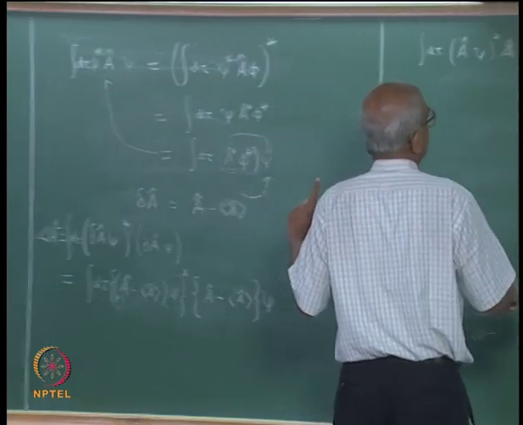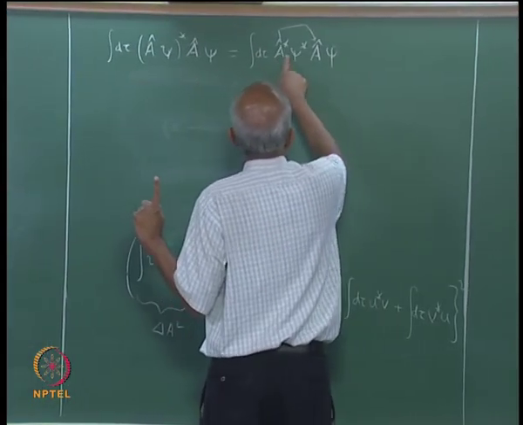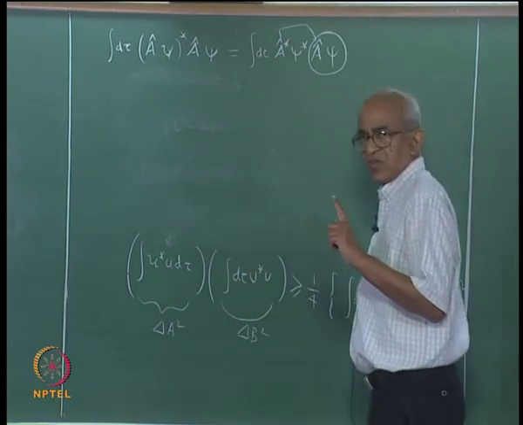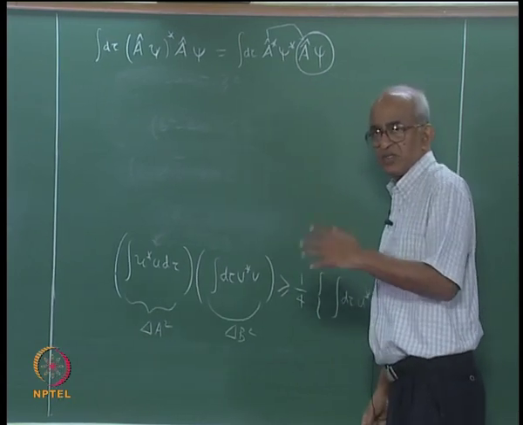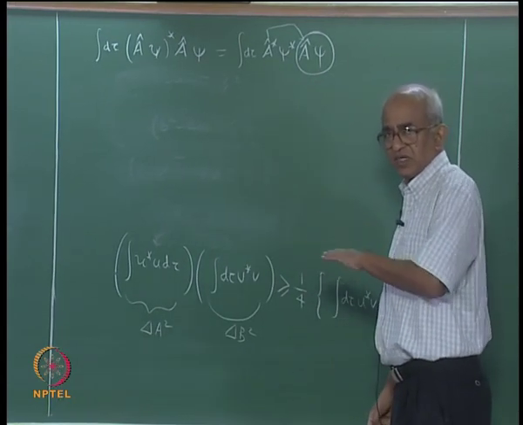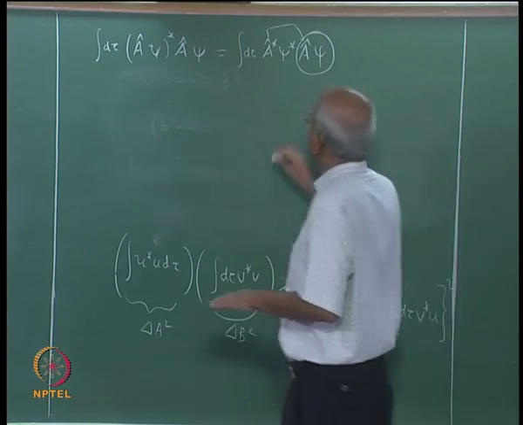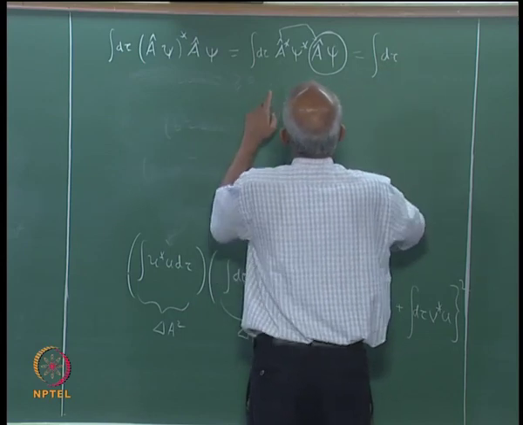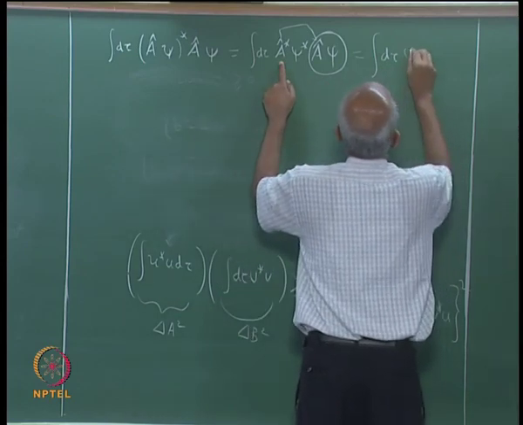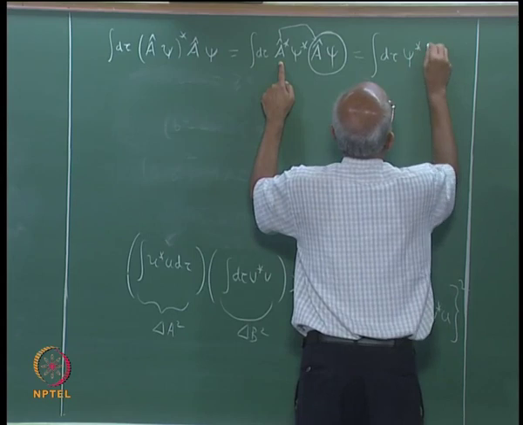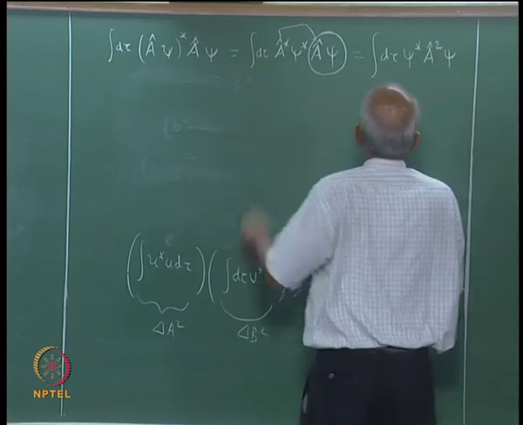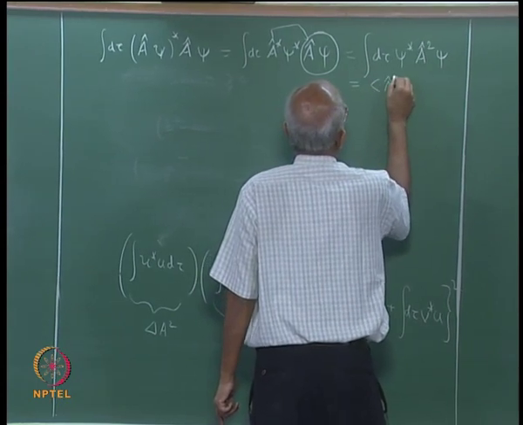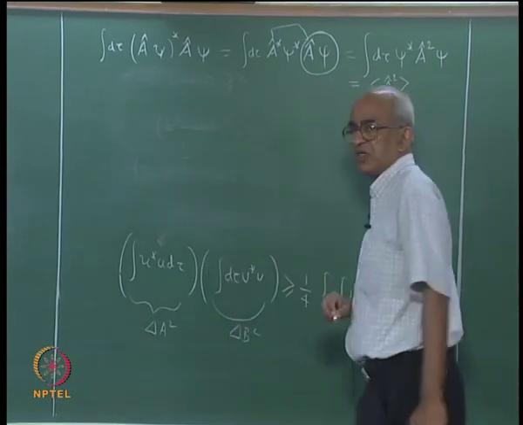So, that is what I am going to do here. I am going to transfer this A and allow it to operate upon this part. The only thing, as I have told you, is that in that transfer process A star becomes A, and therefore, what will happen? This is nothing but integral of d tau, psi star A square psi, or what is that? That is nothing but the expectation value of A square.